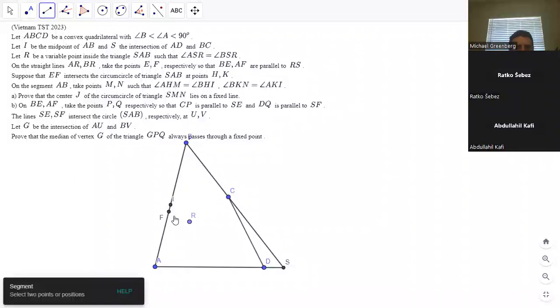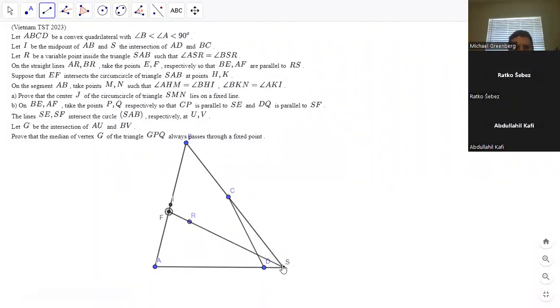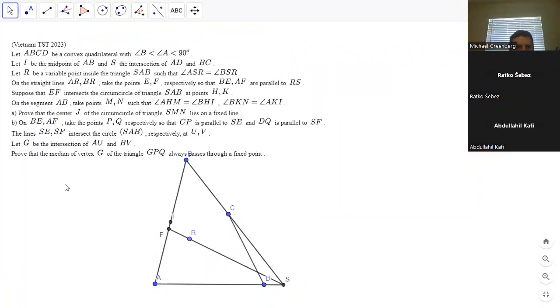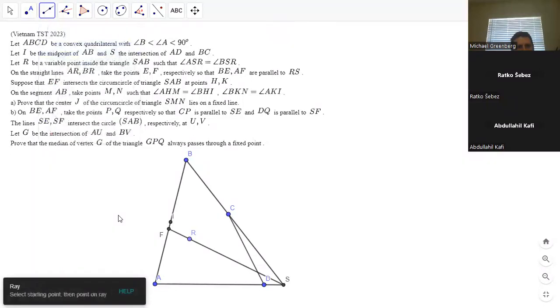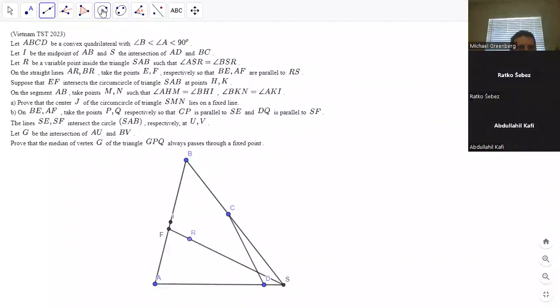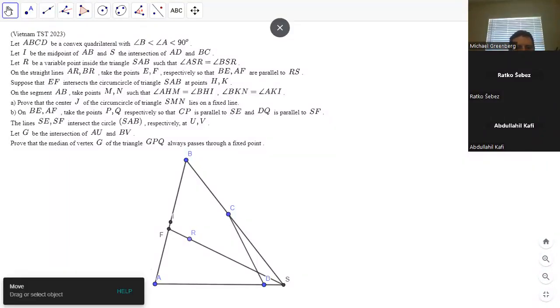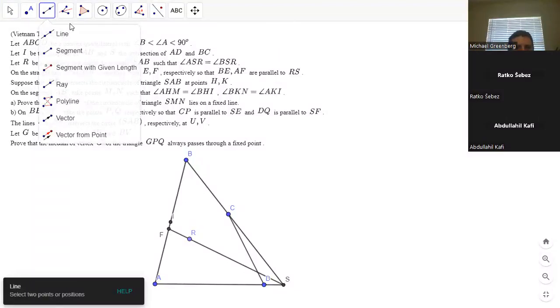On straight lines AR and BR, and M, so is H the orthocenter? No, EF, BE and AF are parallel to RS.